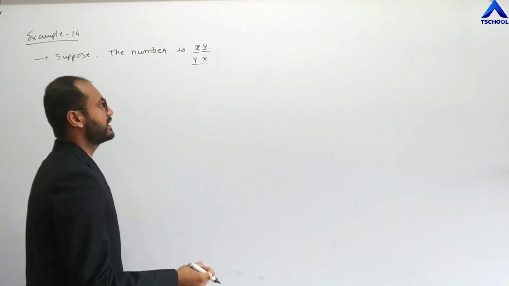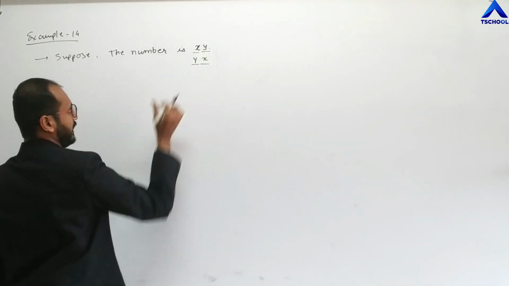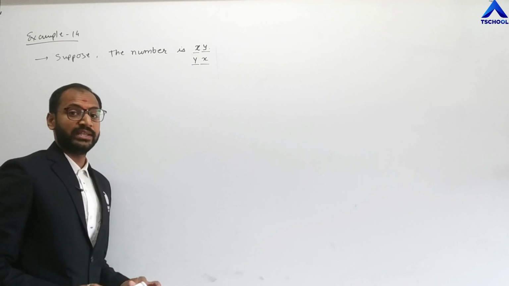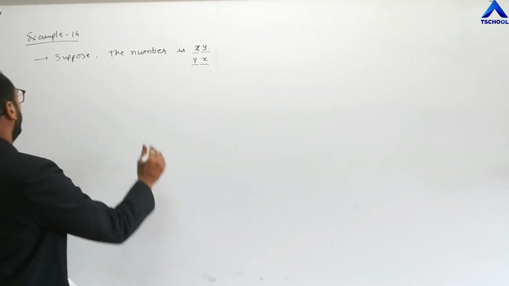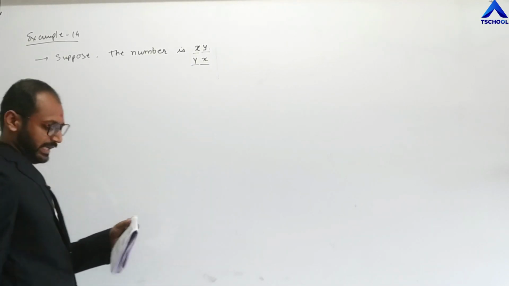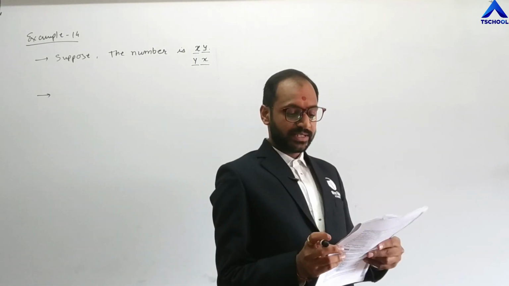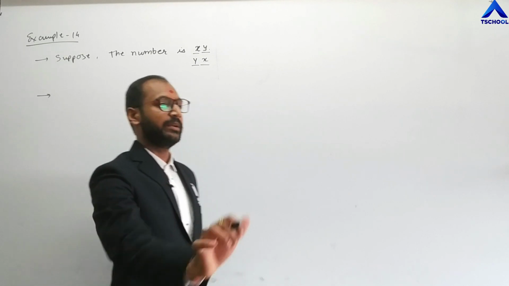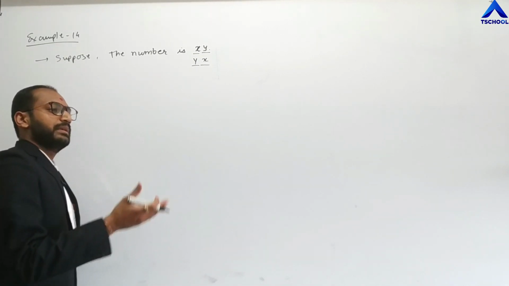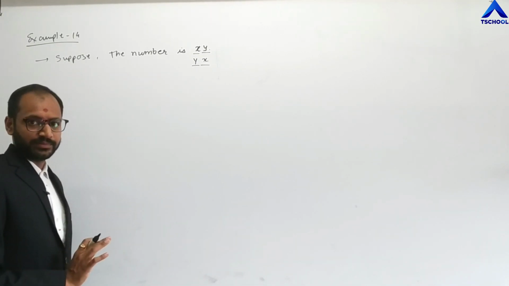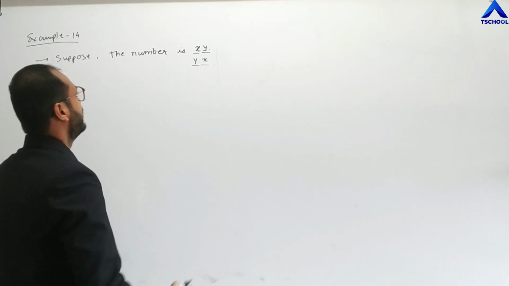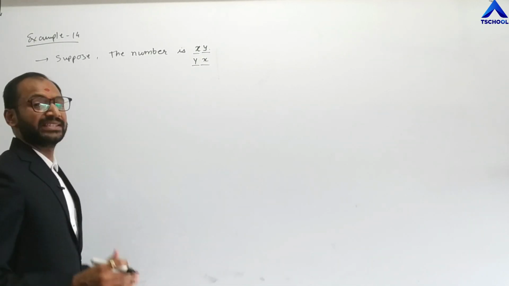And first of all, what is given? Here is xy. Using this, one equation is obtained: the digits of the two-digit number differ by 3. That means one digit is greater by 3. Let me take x as the greater one.